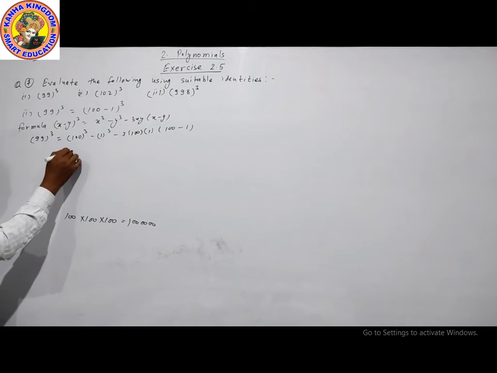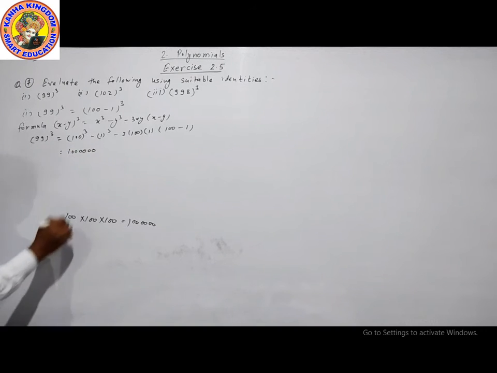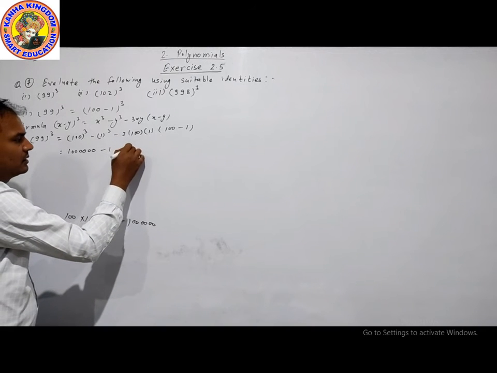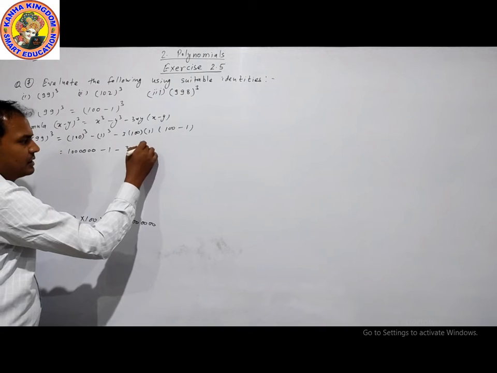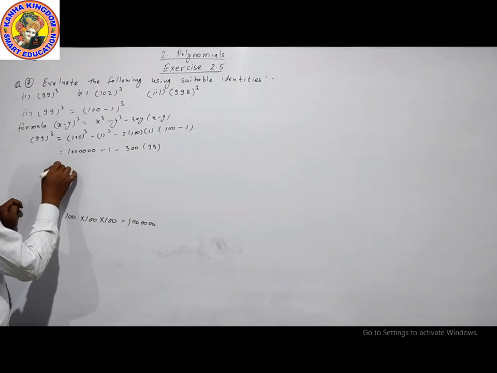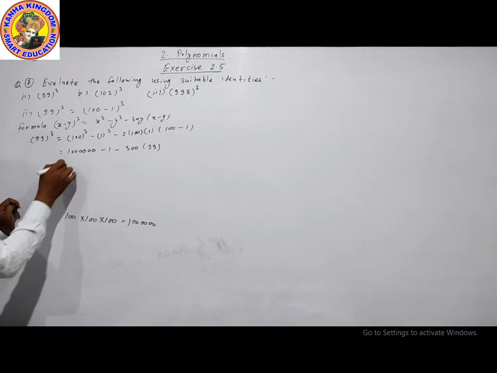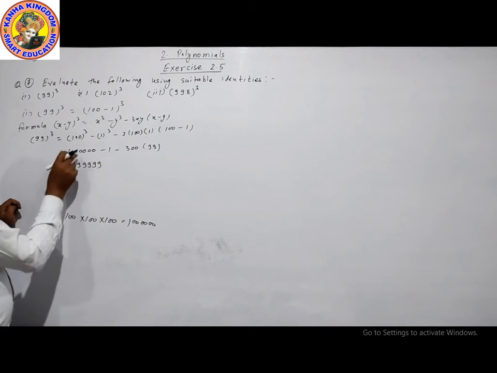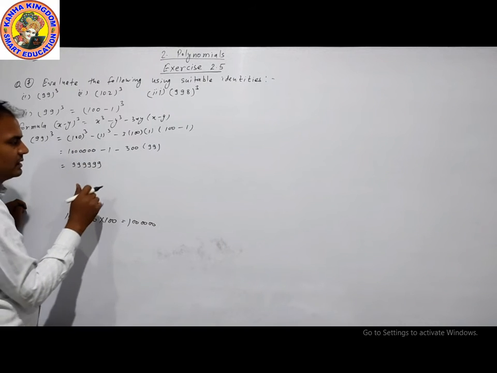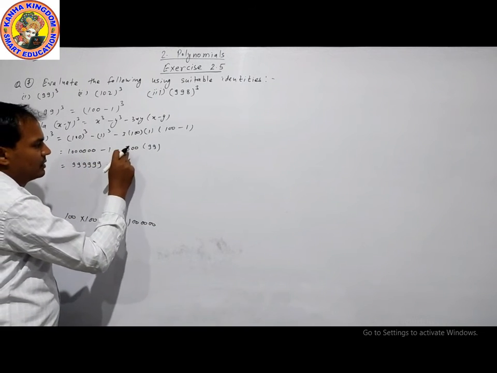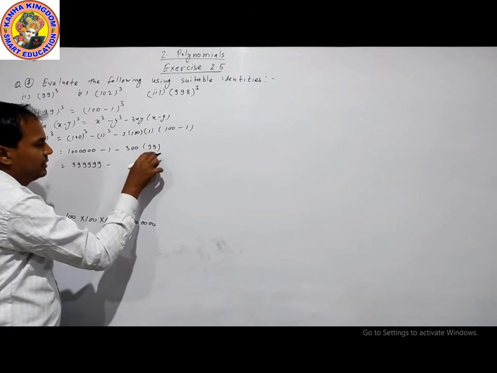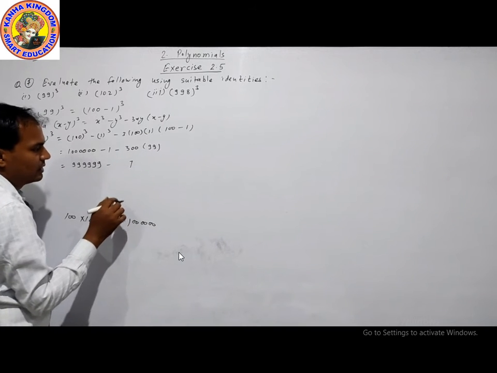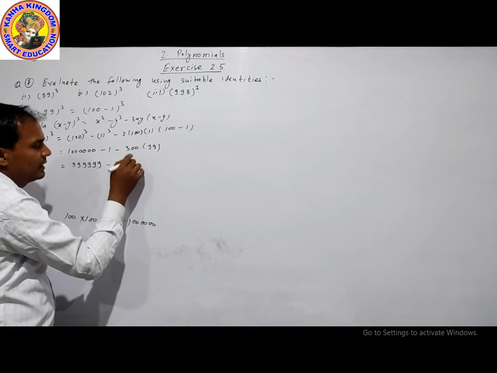So the answer of this is 1000000 minus 1, minus this 300, this is 99. Now when subtracting 1, this is 999999. Then minus 3 into 99: 3 into 9 is 27, 27 and 2 is 29, then 00.